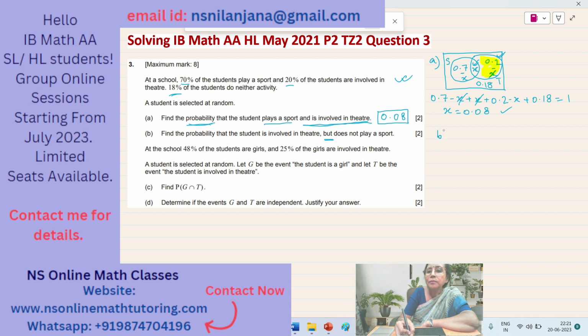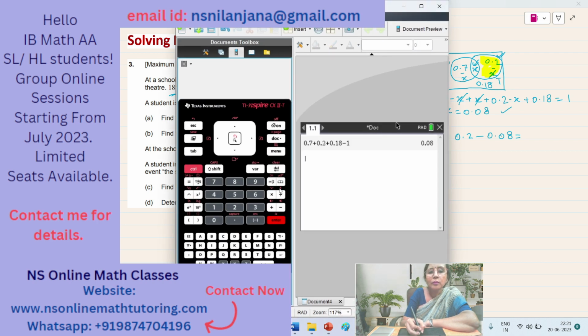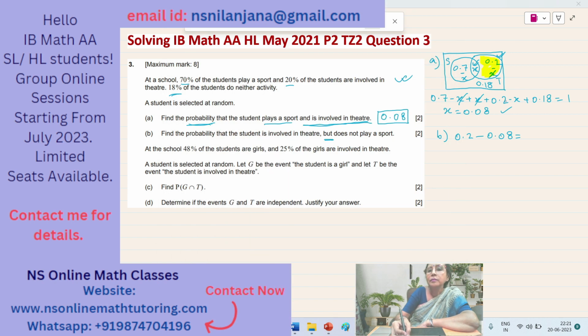It will be 0.2 minus 0.08, which is equal to 0.12. Okay. So the answer for this part is 0.12.